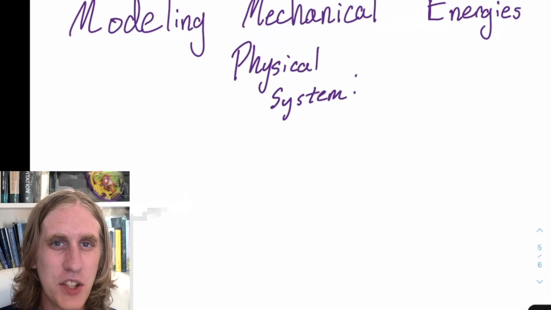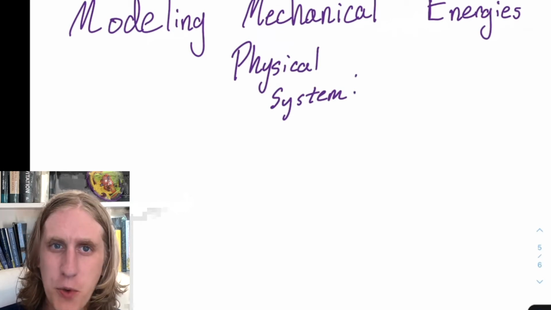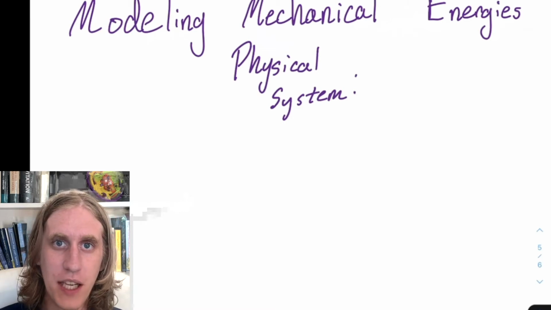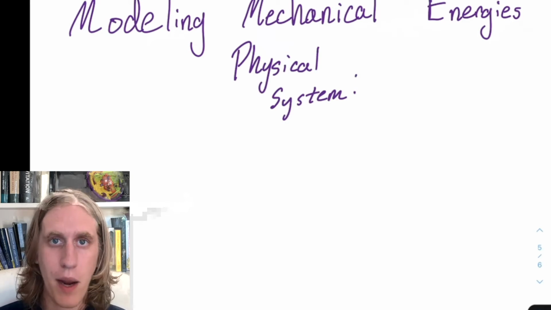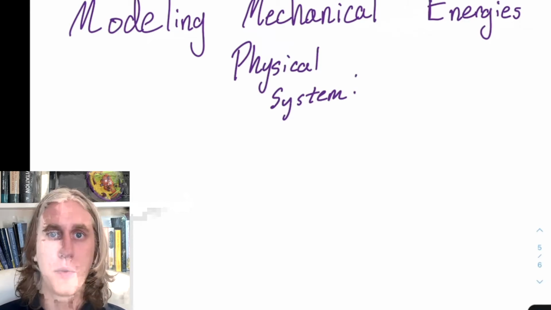But this is not quite true, and here's why. In order for an object to have gravitational potential energy, it must have something that's causing the gravity, right? An object out in the middle of space with nothing around it doesn't have gravitational potential energy because there's nothing pulling on it with gravity.